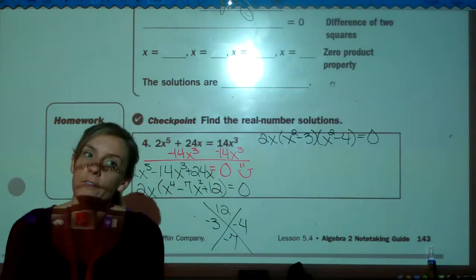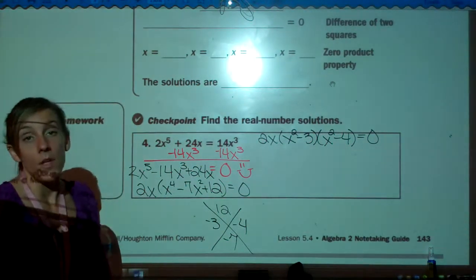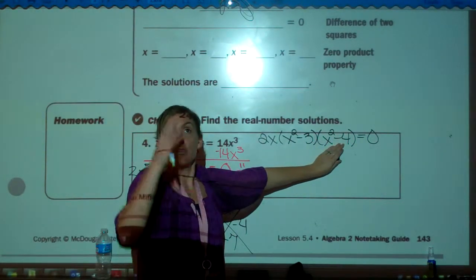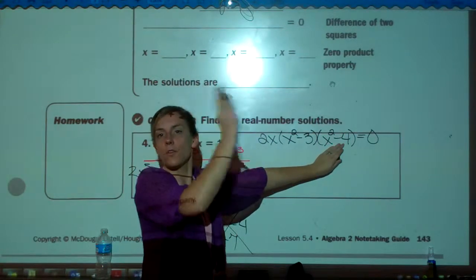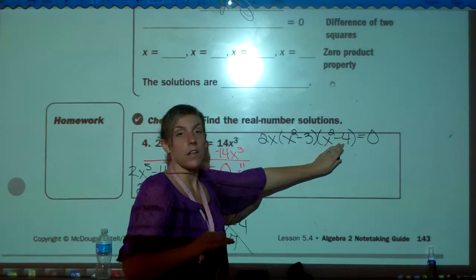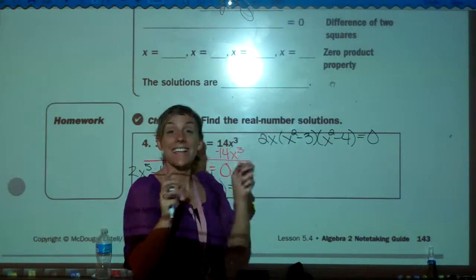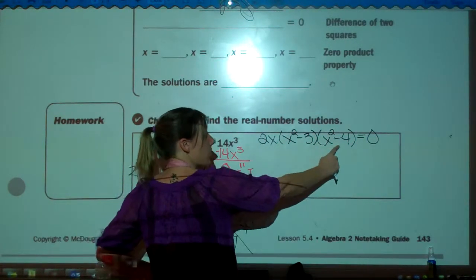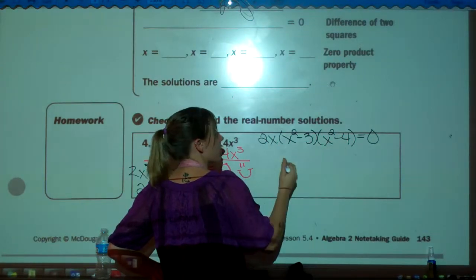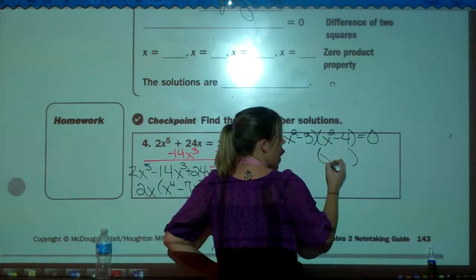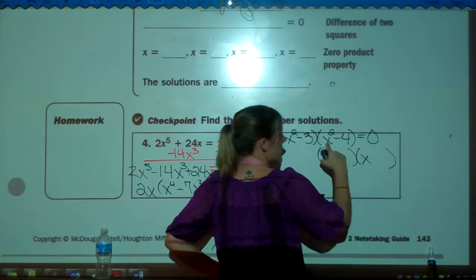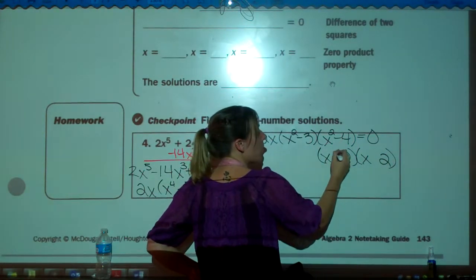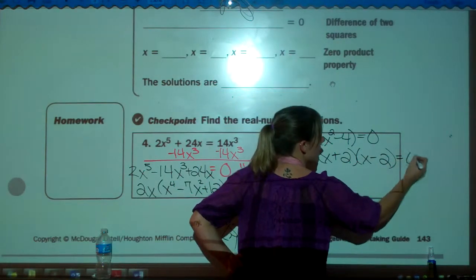But then we have to look even closer and say, okay, are we done? Now that I have binomials, if you look at your binomials on the right side of your flowchart, can either one of those break down more? And they can. This one follows the pattern. We would say x times x gives you x squared, and then 2 times 2 gives you 4, and it's a positive 2, and it's a negative 2.